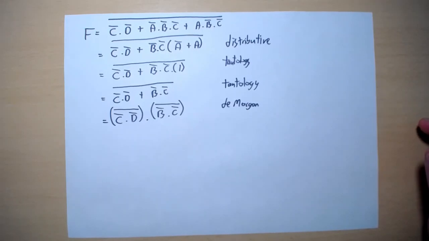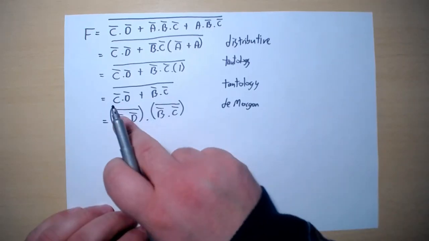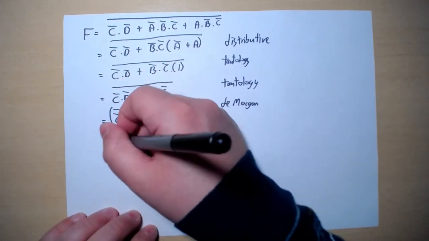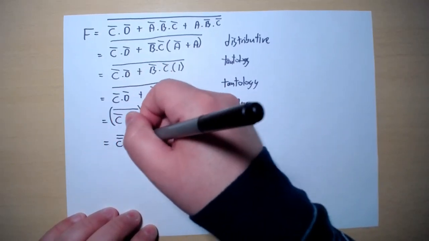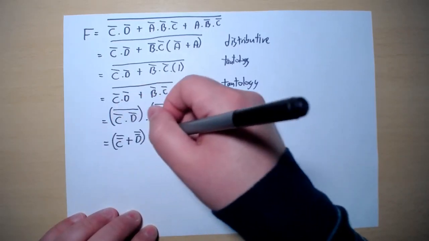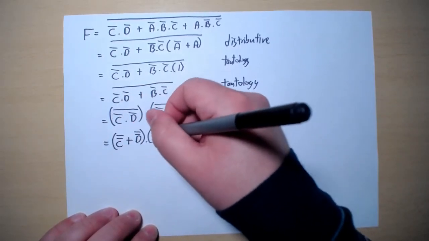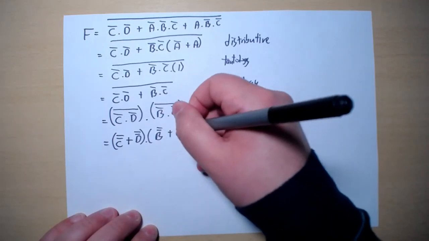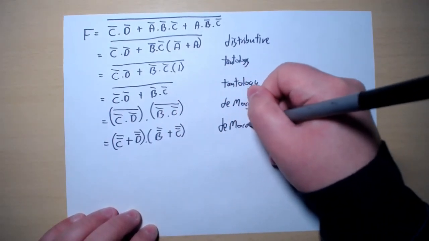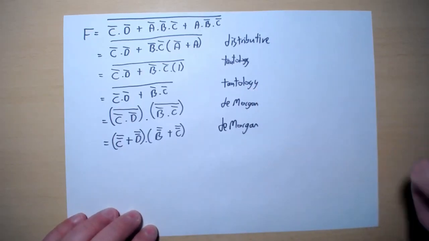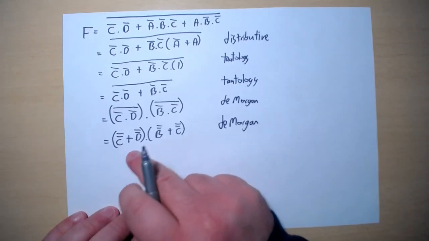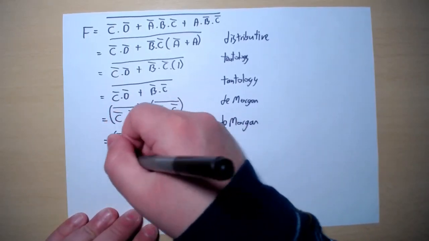I am going to apply another De Morgan on these to get rid of that NOT gate. And then using the double complement law, we can get rid of those NOTs because they cancel each other.